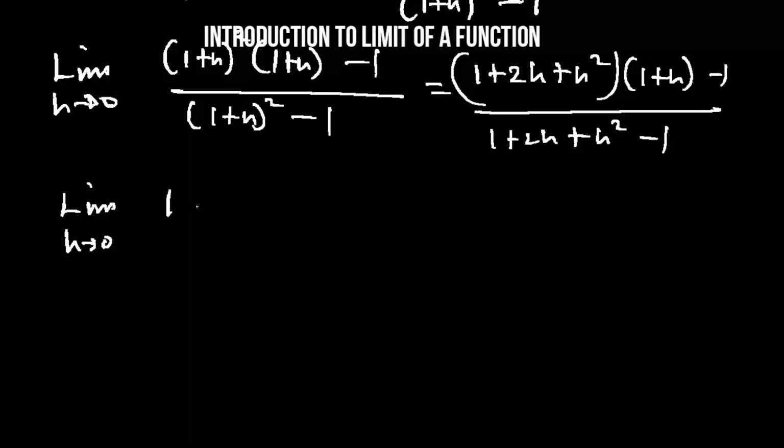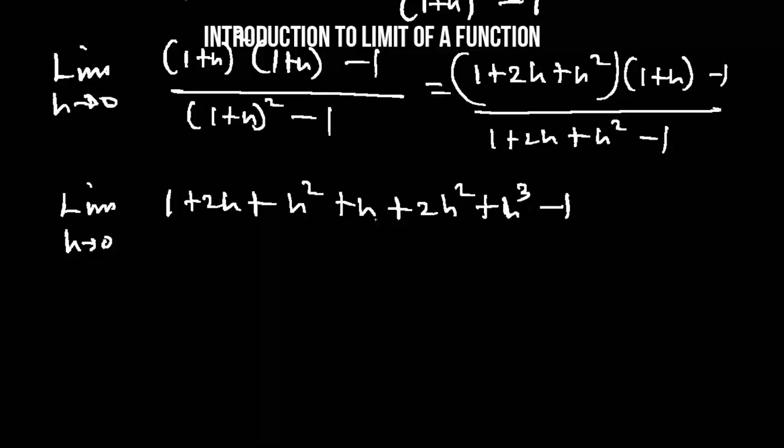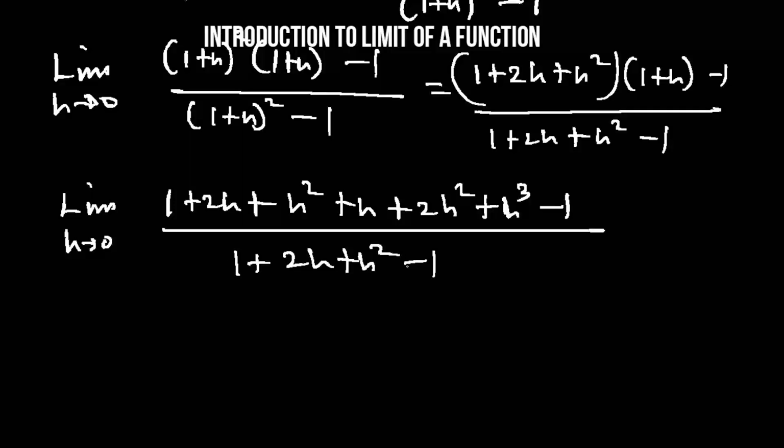And 1 times this, so we're going to have this repeating itself again, and this is going to be plus h plus 2h squared, right? Am I making sense? Yeah, 2h squared, and plus h cubed minus 1, then divided by 1 plus 2h plus h squared minus 1.